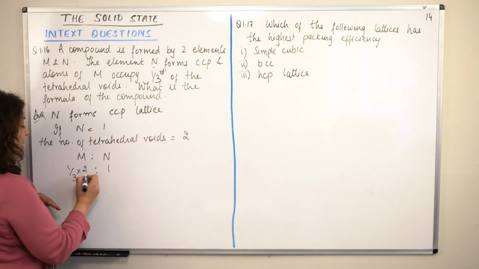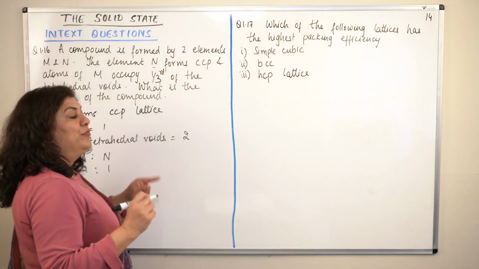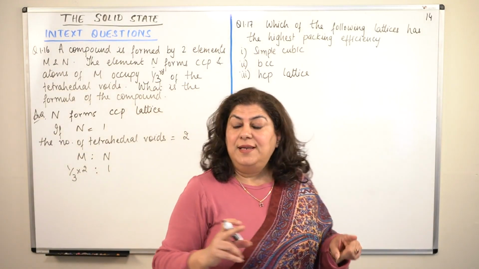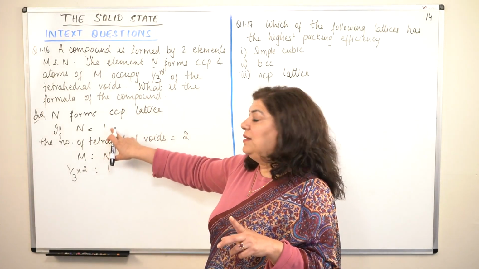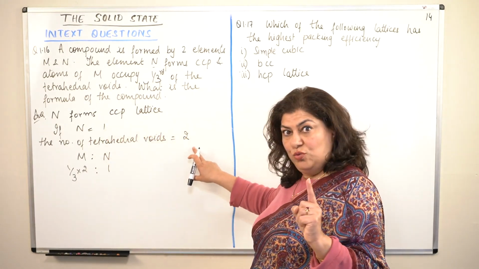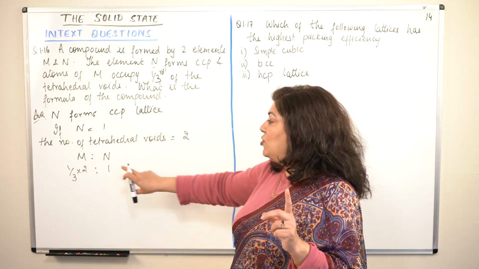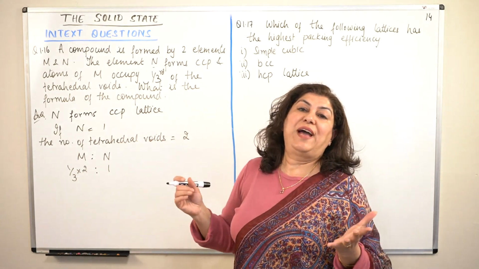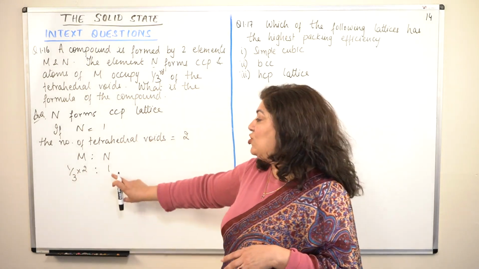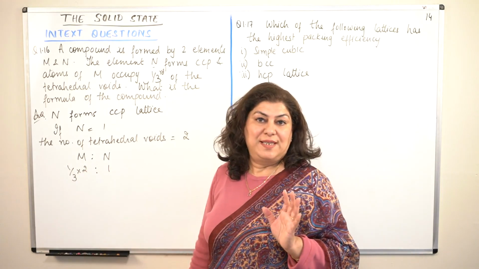Right? So it is 1/3 of the tetrahedral voids. Since the number of N is 1, the number of tetrahedral voids would be twice of this. So M would be 2/3 of whatever is the number of atoms of N. Since we assumed that to be 1, we have this as 1.